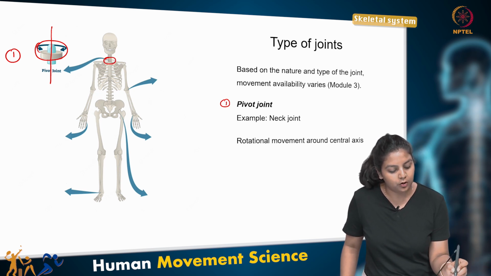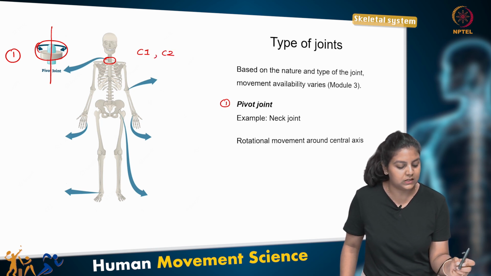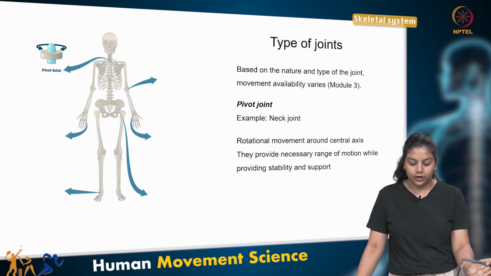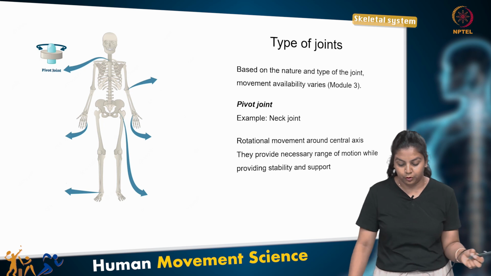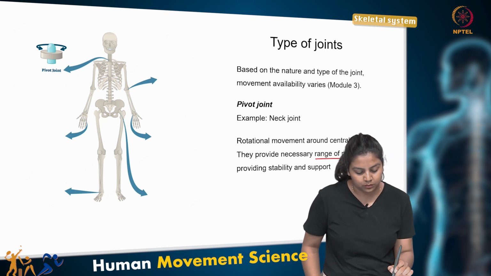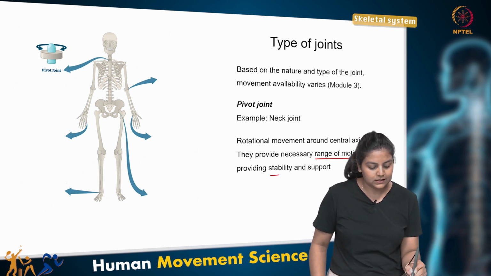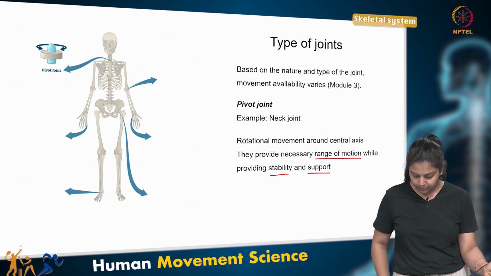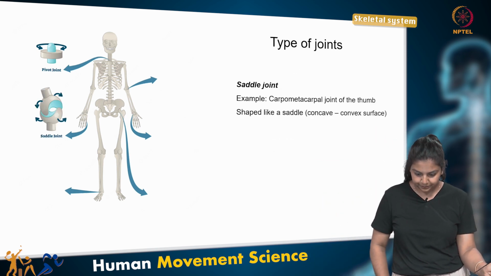So here at your cervical vertebra, so again for your more understanding, at C1, C2 vertebra, you have the neck joint. So what does it allow for? It provides necessary range of motion, which is nothing but movement, while providing stability and support. So that's your pivot joint.